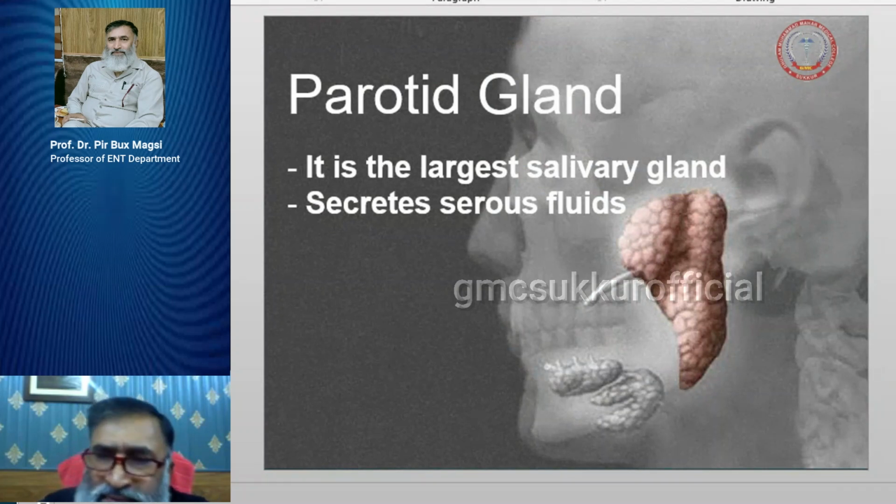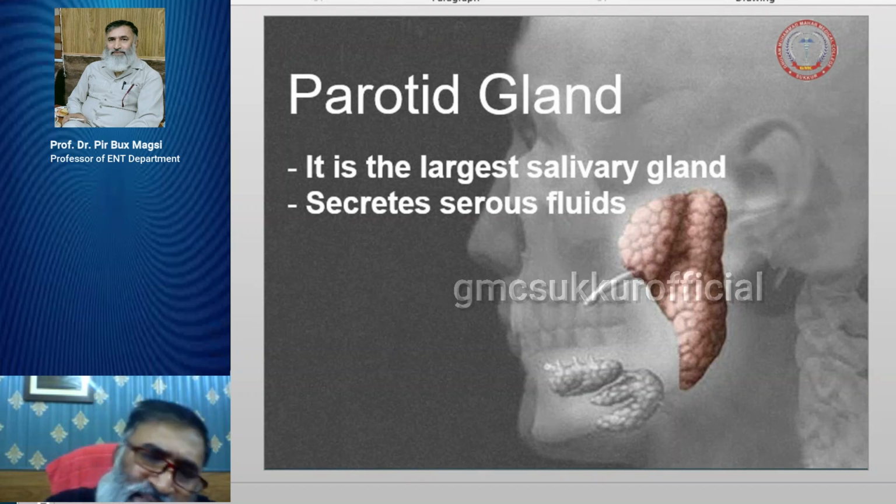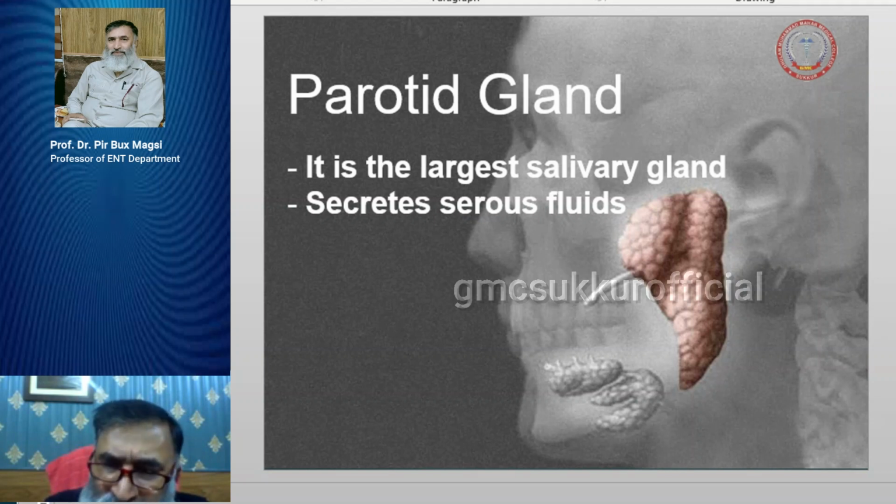Now salivary glands are divided into major salivary glands and minor salivary glands. Major salivary glands are those glands which have ducts, and the minor salivary glands are those which do not possess a duct. The major salivary glands are the parotid gland and the submandibular salivary gland.